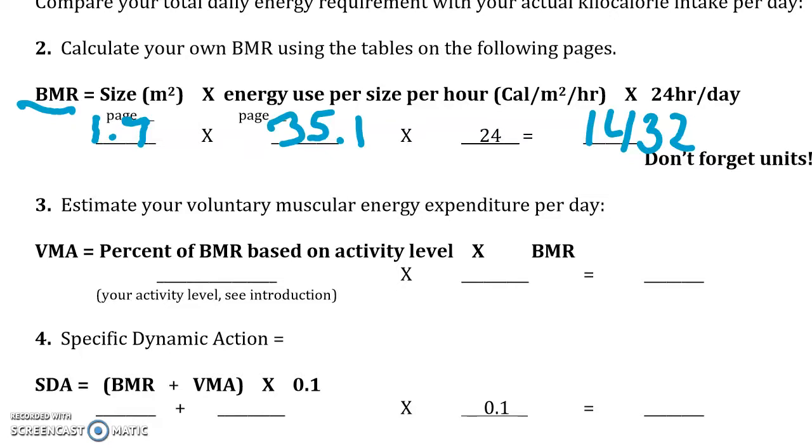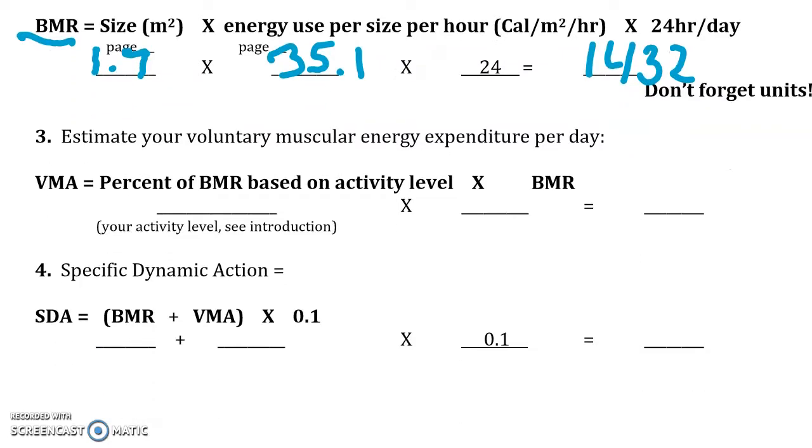Okay. Now, we need to add to that number how much we're going to use our muscles. In other words, what's your activity level? A good default activity level, sort of an average, is 0.5. Of course, if you were working out every day, 5-6 hours, you'd need more energy.